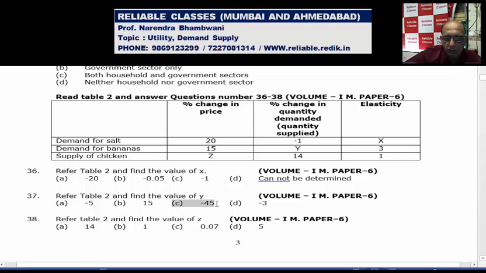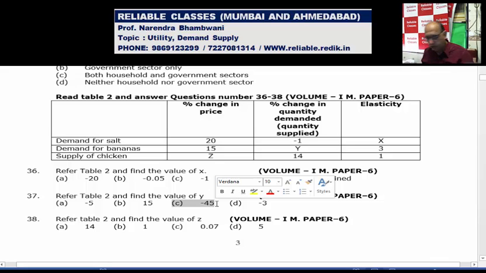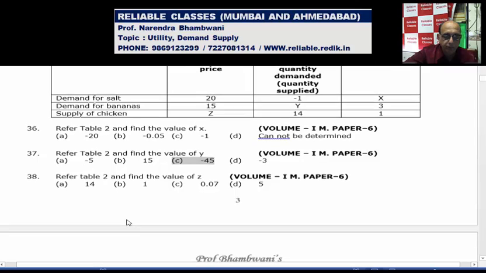They will give you either plus 45 or minus 45. So the answer to 37 is C. 45 upon 15 will give you 3. The answer is option C.